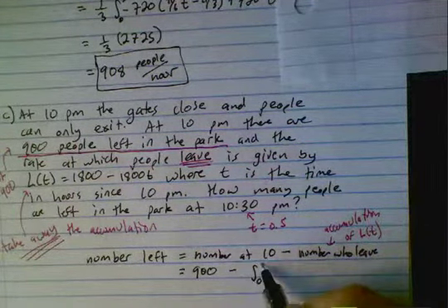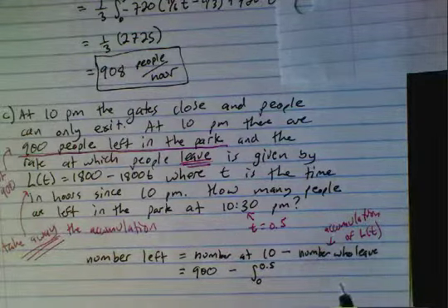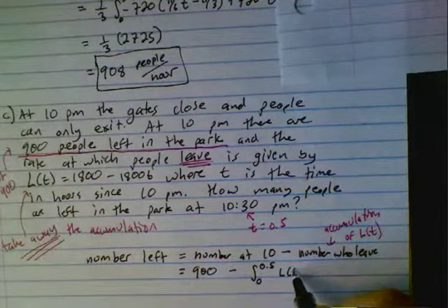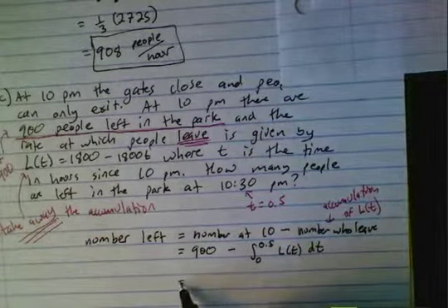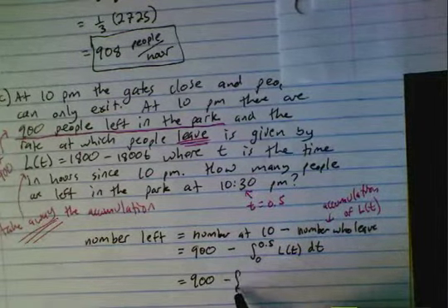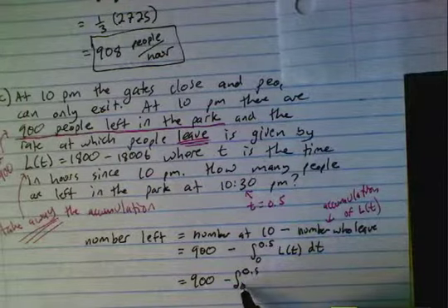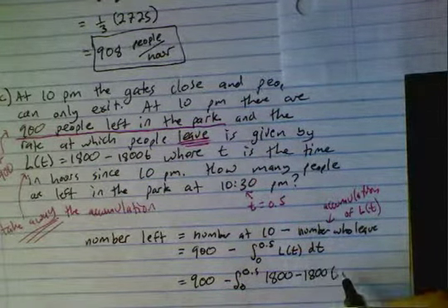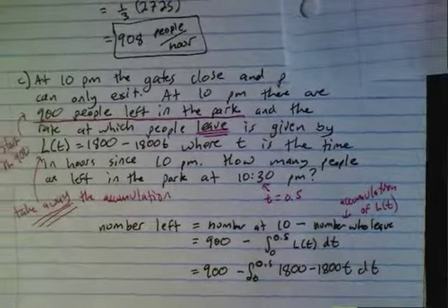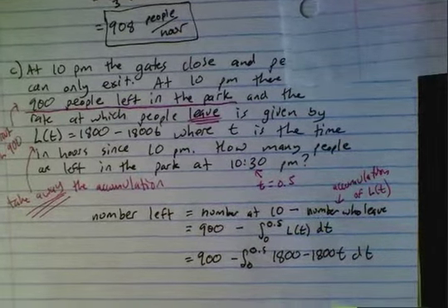So from 10 p.m. to 10:30, we have the actual equation for that, 900 minus the integral from 0 to 0.5 of 1800 minus 1800t dt. Once again, this we can just stick in the calculator.